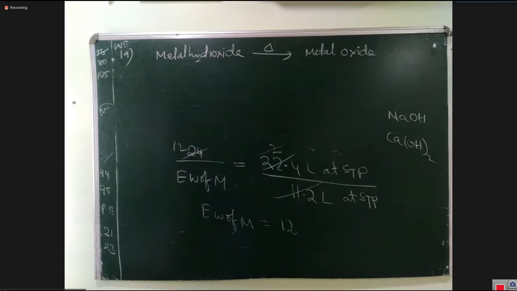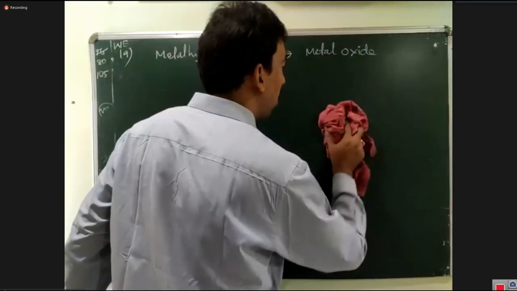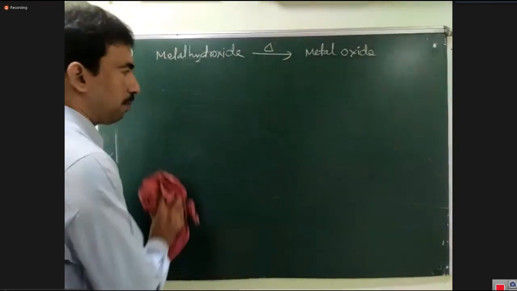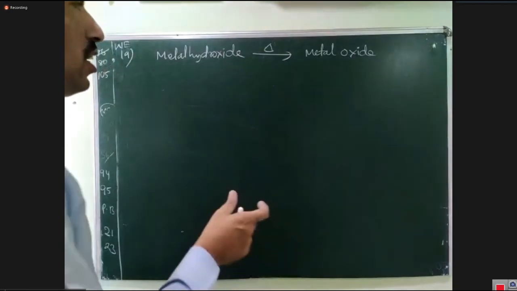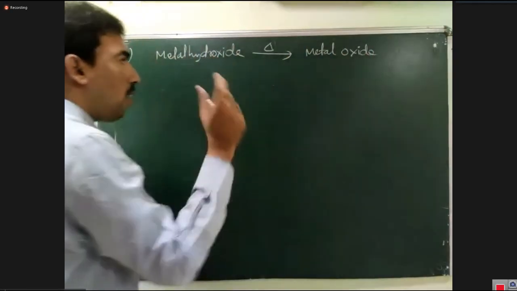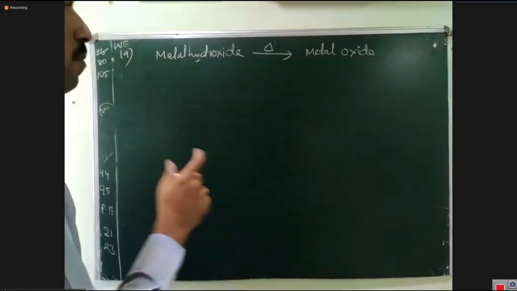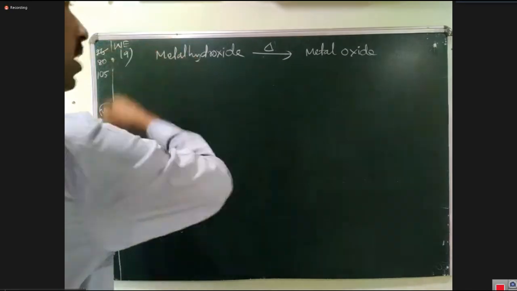The question has to be slightly corrected. You should not say just oxide; you have to say its oxide. A small correction: the metal hydroxide on heating gives metal oxide, not only oxide, but metal oxide or oxide of a metal. Then the equivalent weight of the metal is asked.